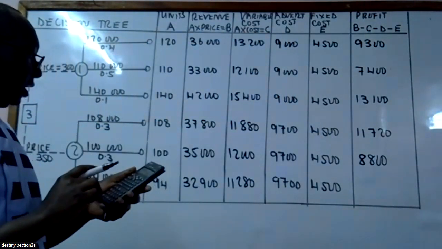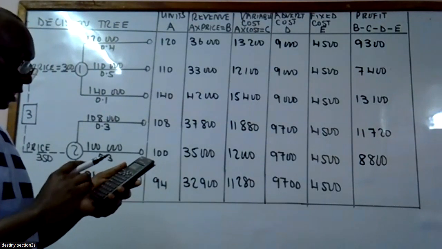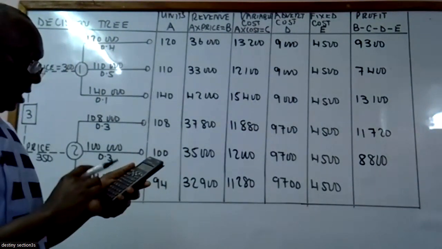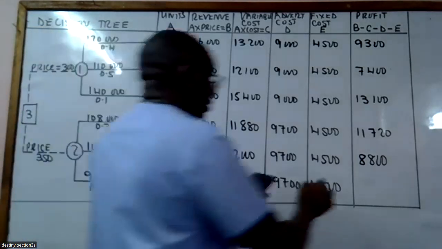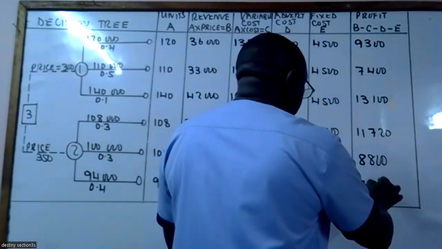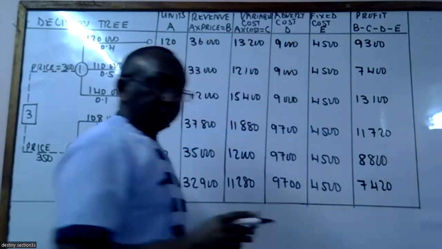That's 32,900 minus 11,280 minus 9,700 minus 4,500 is 7,420.